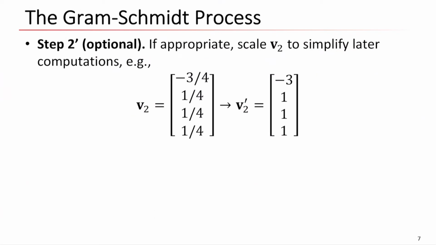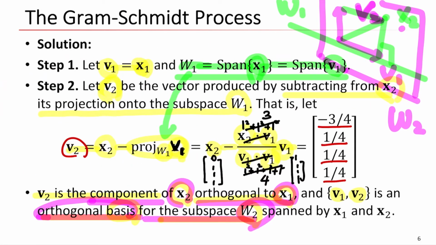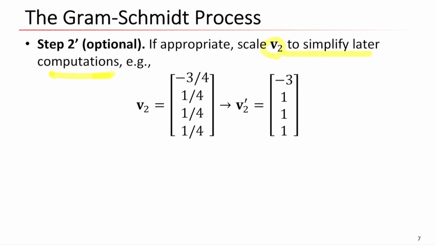Before we move on, there's one more optional step. If appropriate, scale v2 to simplify the later computation. Because in v2 here there are some fractional values, by multiplying each element by 4, v2 should be -3, 1, 1, 1, like this.